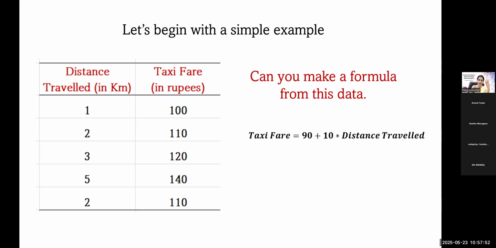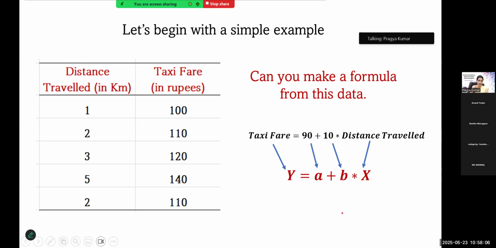So in linear regression, your prediction should be in the form of a linear equation. And what is a linear equation? A linear equation is y equals a plus bx, where a and b are constants. The only changing one is your x, based on which your y is changing.